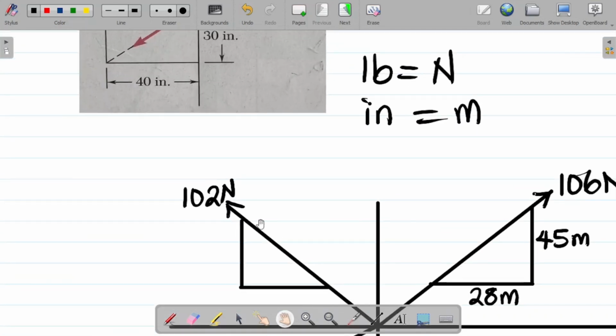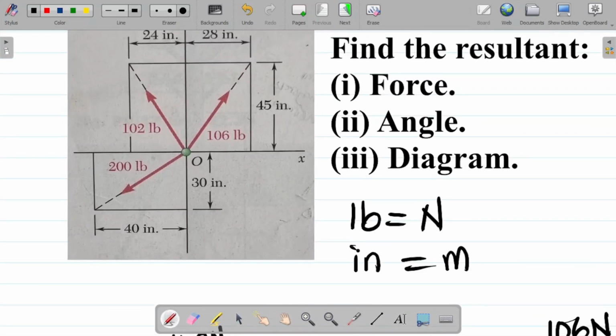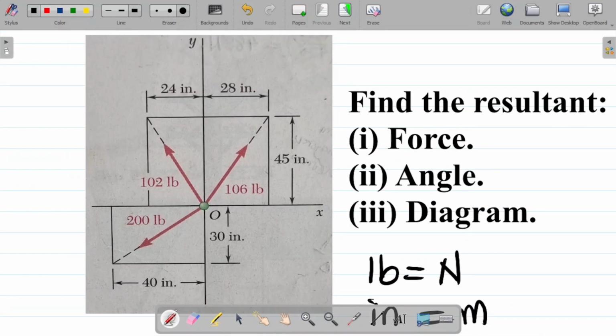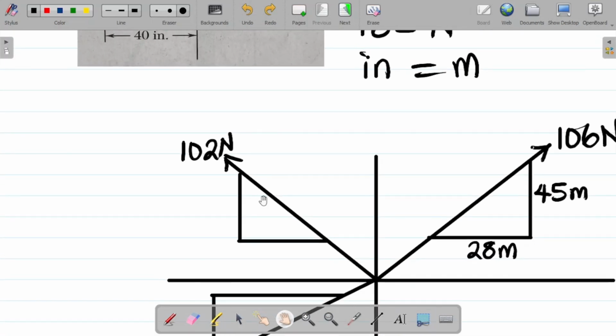Okay, let's come to the 102 Newton force, which is this one here. Observe that the distance from here to here is the same as this one, which is 45 meters. For the 102, what I have here is still 45 meters, as I showed you.